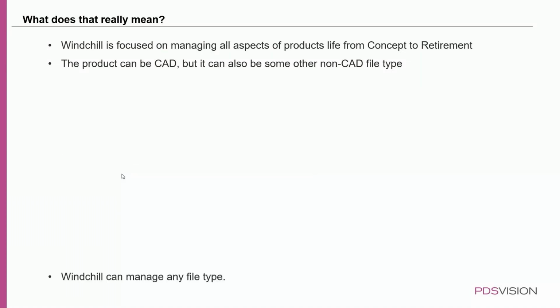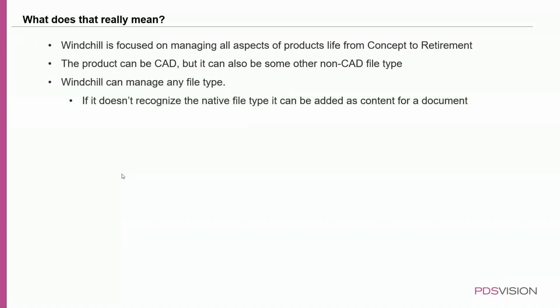So with this move to PLM, what we can see is that Windchill is focused on managing all aspects of your data from concept to retirement. Product can be CAD, but it can also be non-CAD files. Windchill can manage any file type at all, so it doesn't matter if it recognizes the native file type.